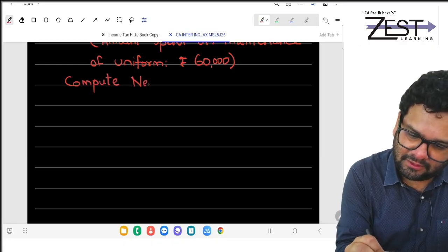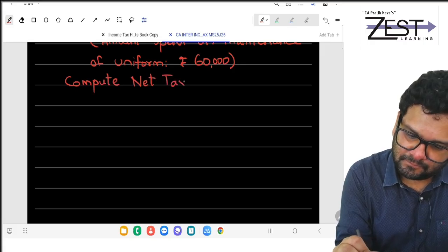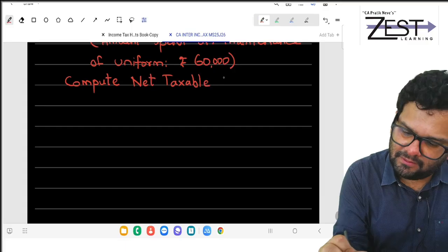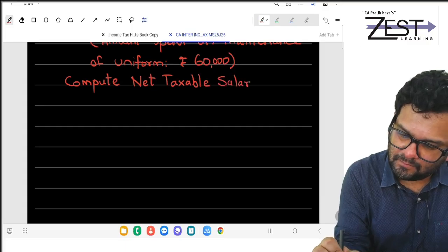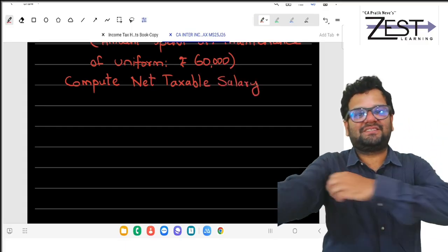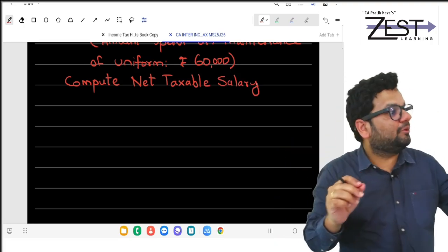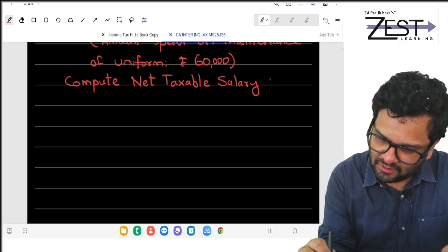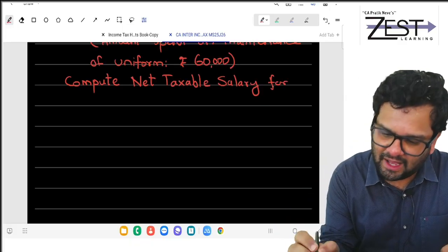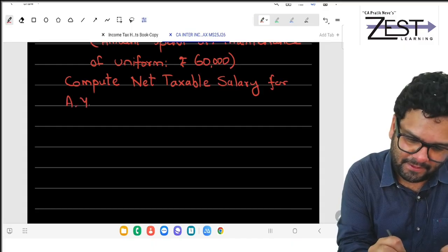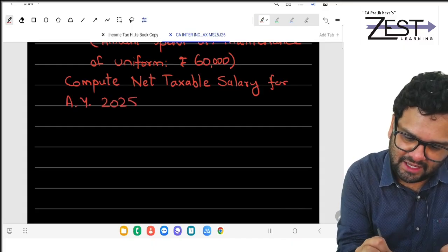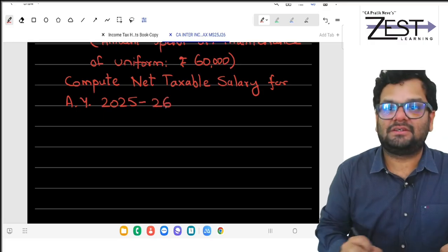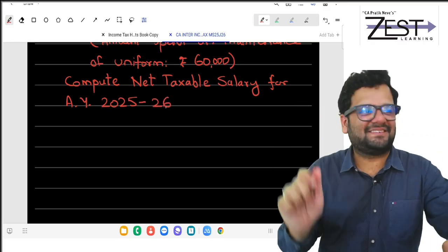Compute what? Net taxable salary. Did you understand the question? Compute net taxable salary for, of course, AY 25-26 in two cases.